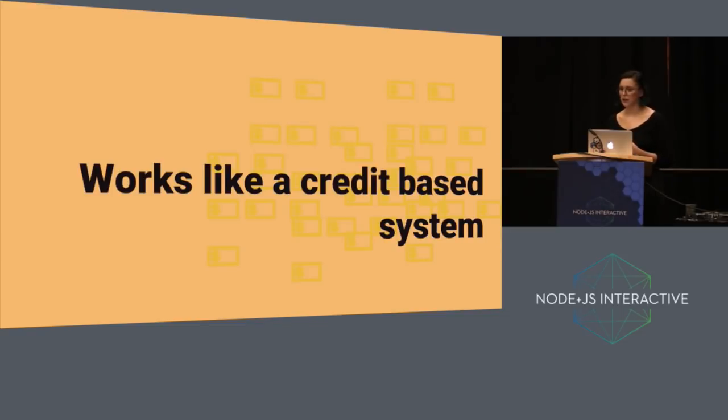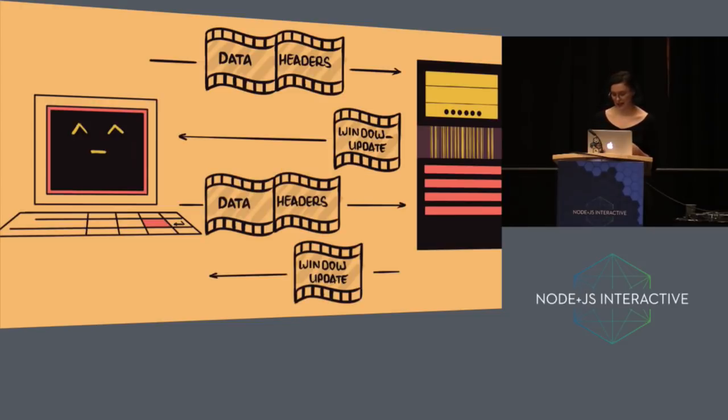So it works like a credit-based system. Let's say you start off with 100 points, and then you send back some data and some headers, and that uses up 5 of your points. You're now left with 95 points. Once you reach 0, you're left with no data allocation.